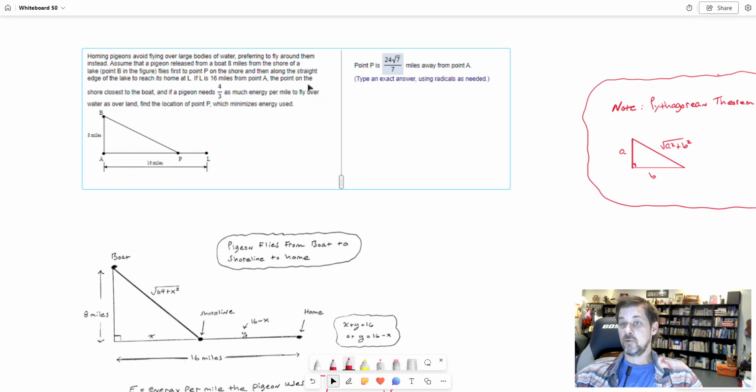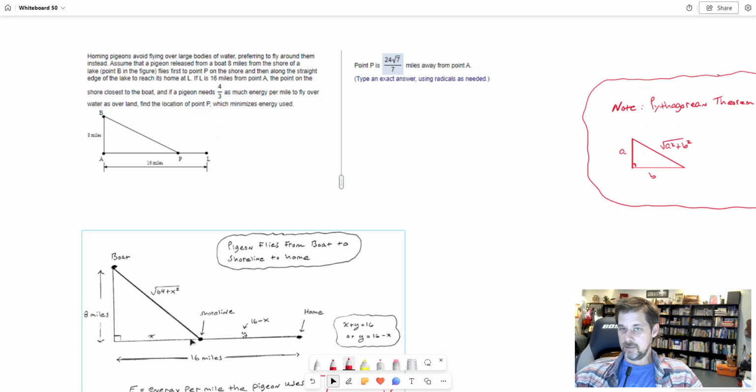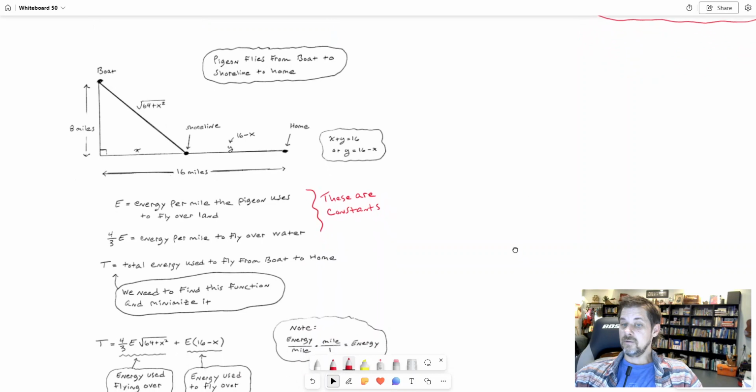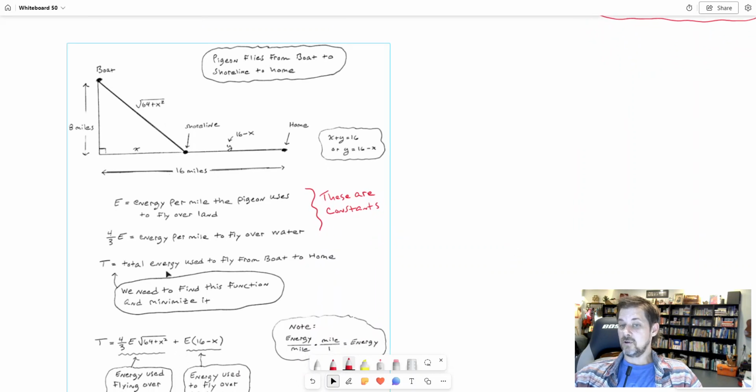The question is this, okay? Find the location of this point on the shoreline that will minimize the energy that the bird uses to fly from the boat to the shoreline to home, okay? So what I want to do is minimize the total energy used to fly from the boat to home.